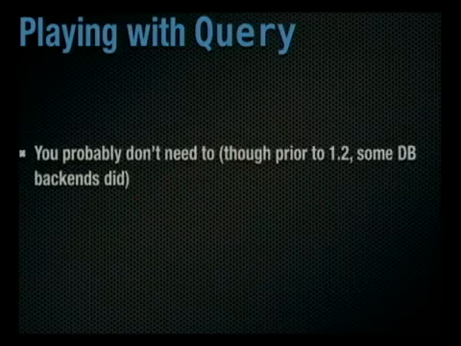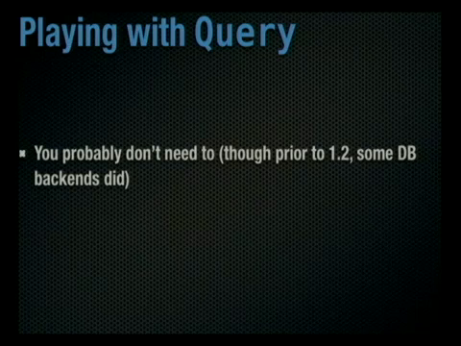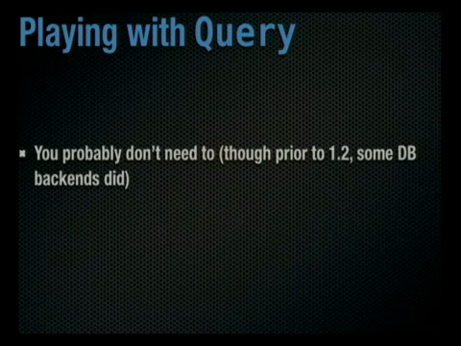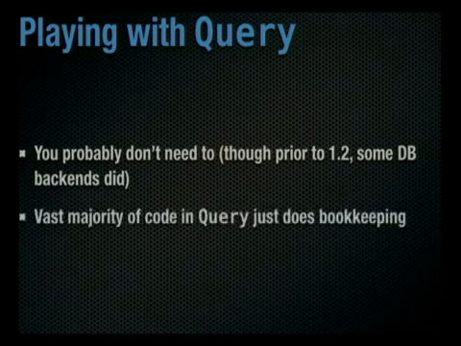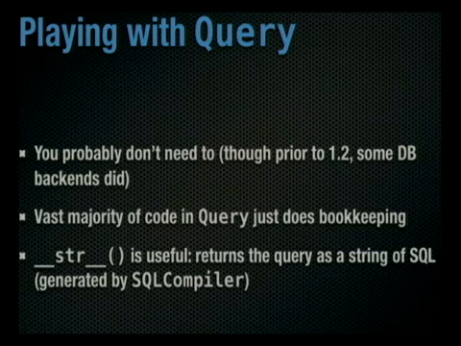You probably don't need to play with query anymore. 1.2 added the SQL compiler infrastructure and all the stuff we've just talked about, which now makes it a lot easier for the database backend writers. Most of it is just going to be your bookkeeping. One thing you might want to know about the string representation of a query instance.